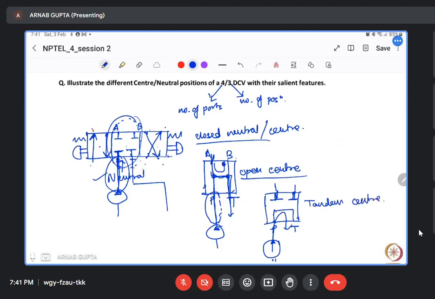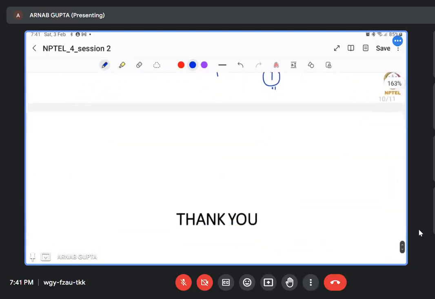Next, this is the float center. See, this pump is actually not a part of the direction control valve.